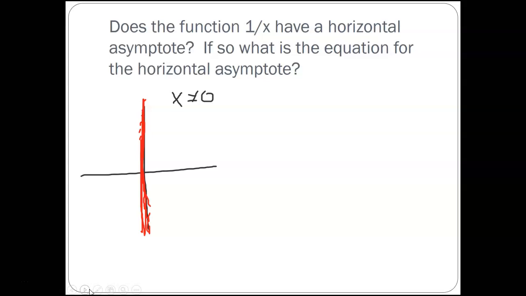If x is negative, then y is negative, because if you plug in a negative for x, you're going to get a negative. So this part of the graph is always negative. And if I plug in a positive, then it's always positive.